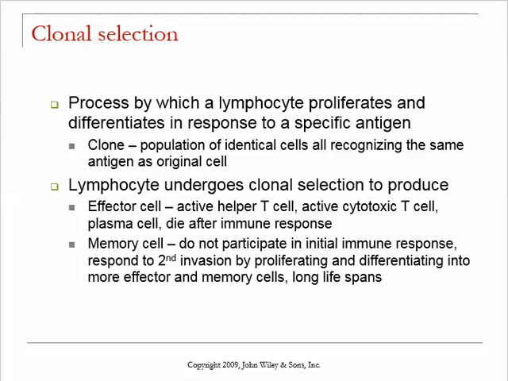At any given time, if you've never been exposed to the antigen or the pathogen, you have a very small population of cells that are specific to it. Once you've encountered it once, through cloning, you make thousands and thousands of copies of that cell, and so some of those become memory cells.